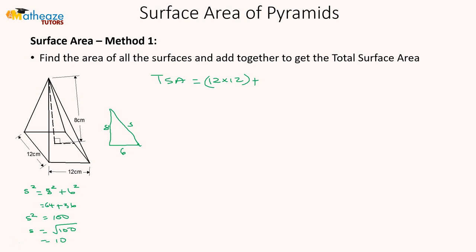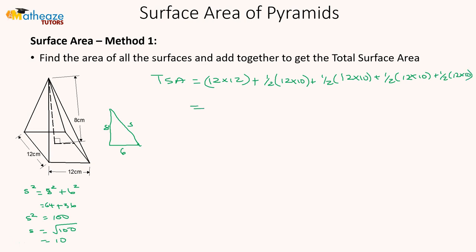Because the base is the same and the altitude is the same, we have 1/2 times 12 times 10 plus 1/2 times 12 times 10 plus 1/2 times 12 times 10 plus 1/2 times 12 times 10.